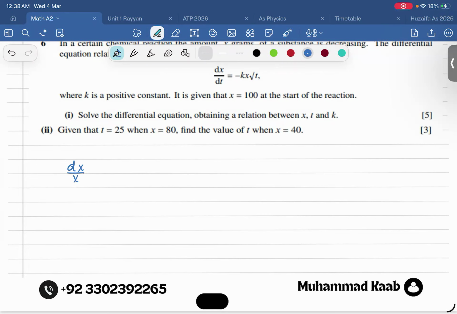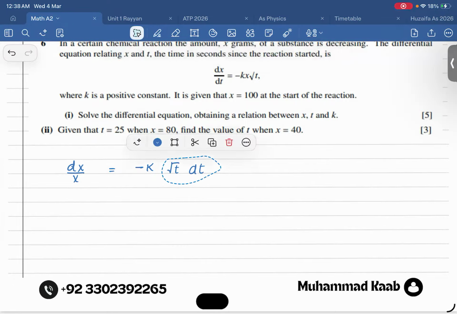So dx and x on one side, and k t and dt on the other side, right? So this is the first step, to separate the variables, and both dx and dt should be in the numerator.